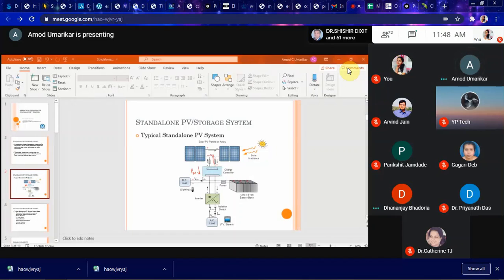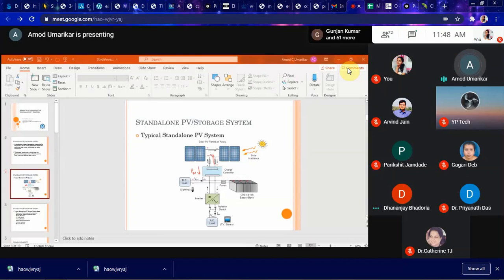Now, next part. What are the design steps in a standalone typical photovoltaic system? First we have to identify whether solar PV power is available at the particular place. It is very obvious.